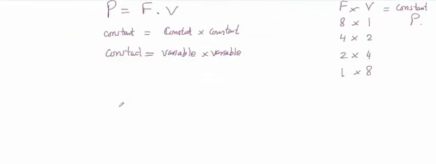One more important point is that when we apply the work formula, work is equal to force times the distance moved, here this force must always be a constant quantity. If the force is variable, then we cannot find the work done by using this formula.